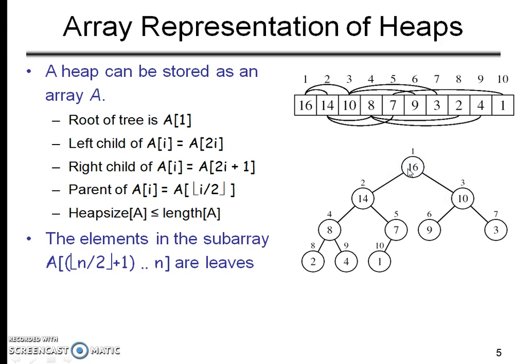So here is an example. 16 is in the first position of the list, 14 is in the even position from 16, and 10 is in the odd position from 16. Similarly, we have 8 in the fourth position in the array, 2 in the even position with respect to 8, and 4 in the odd position.